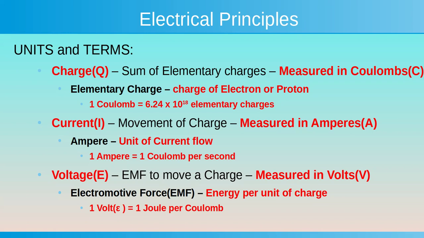It's an ampere. 1 ampere is defined as 1 coulomb per second of flow. So 6.24 times 10 to the 18th effective electrons move per second to create 1 ampere.